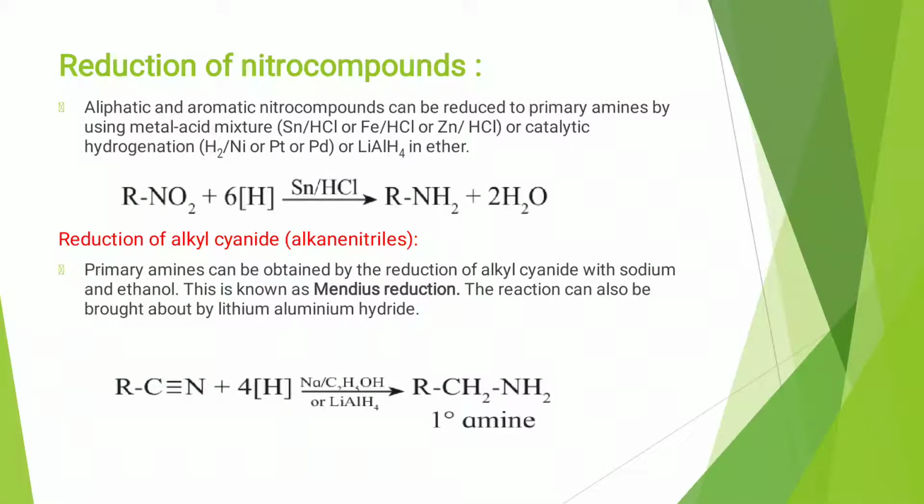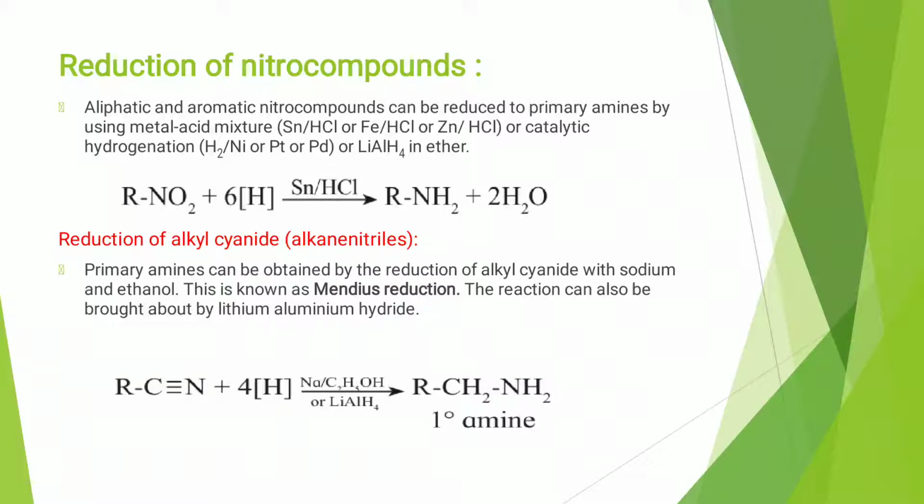Example, general reaction: R-C≡N plus 4 times hydrogen, with sodium and ethyl alcohol or lithium aluminum hydride, we get RCH2NH2. The triple bond between carbon and nitrogen reduces to the single bond. Here 2 hydrogen will be added to carbon and 2 to the nitrogen.